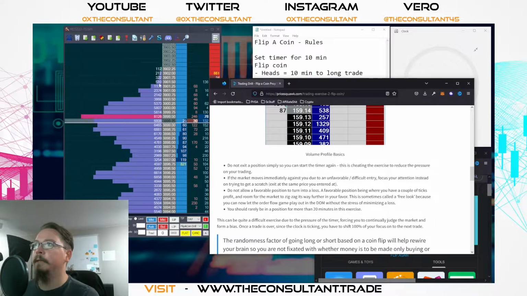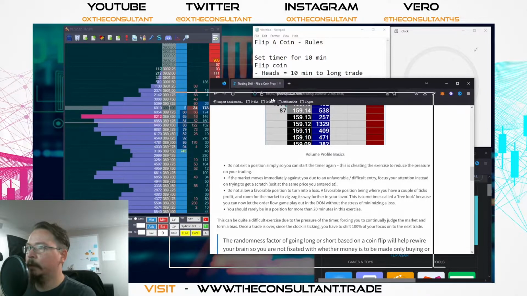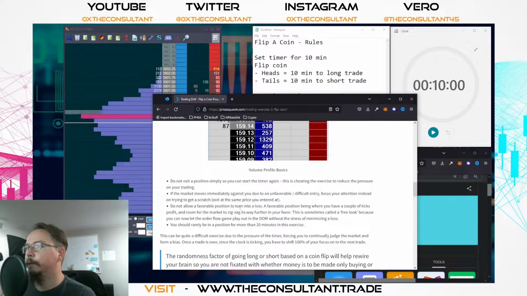So that is where order flow is going to come into play a lot. You're going to be either trying to look for absorption or a big pump up, and then the liquidity vacuum pulling it right back down. So that's kind of what I'm going to be looking for with this.